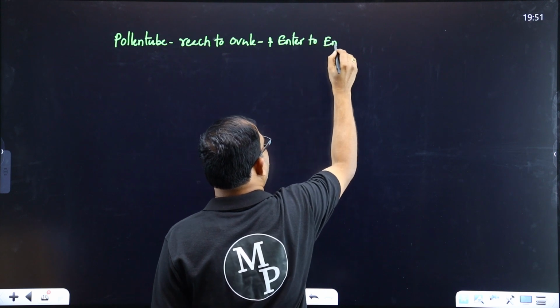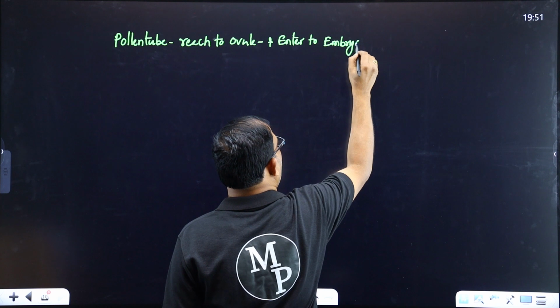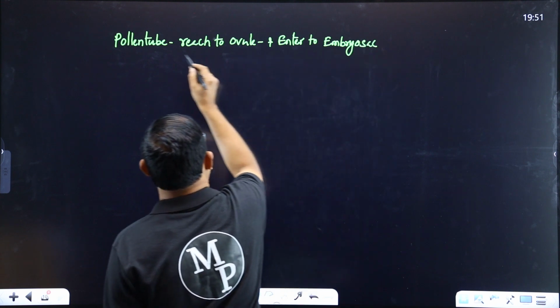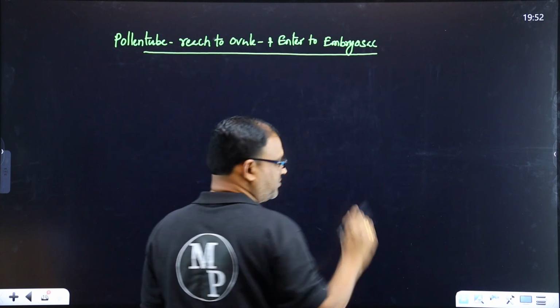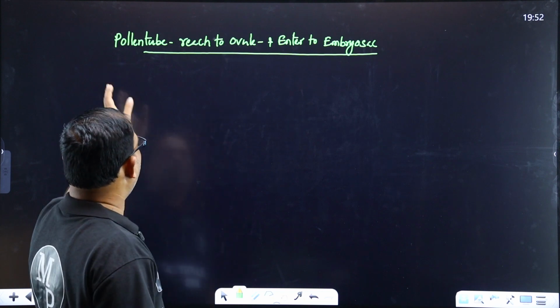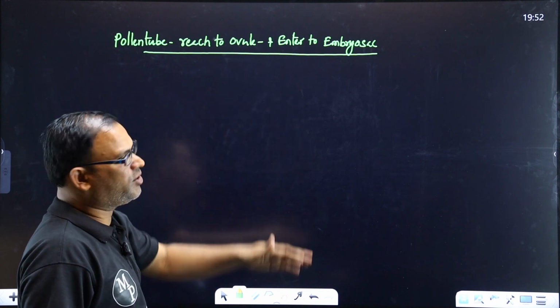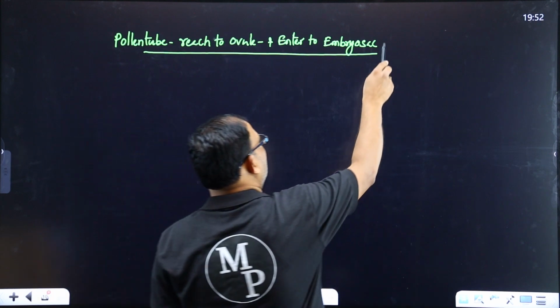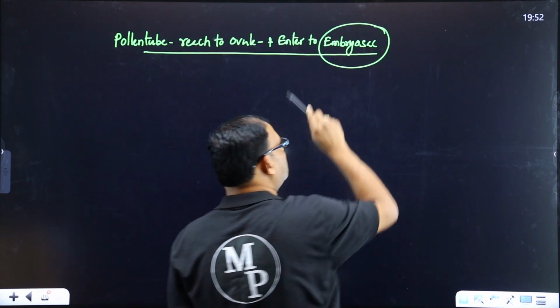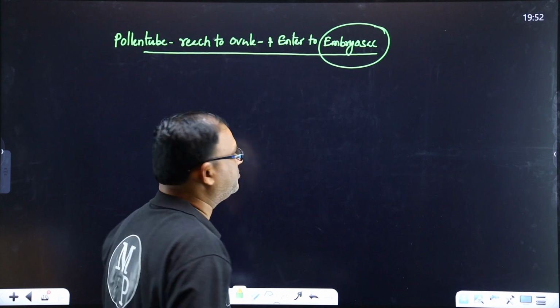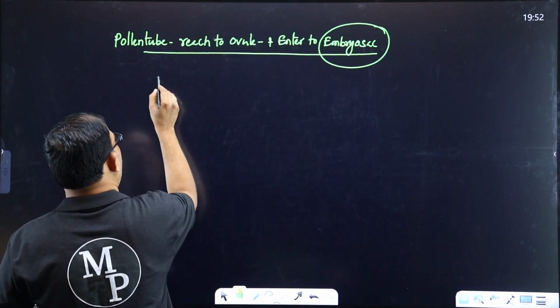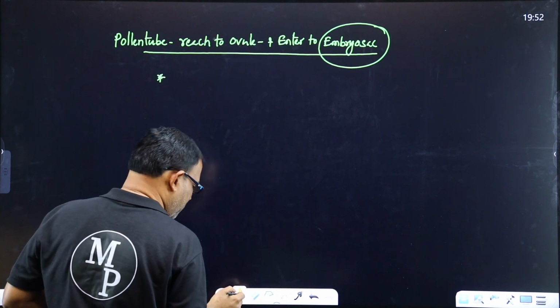How? When the pollen tube reaches the ovule, inside the ovule there is an embryo sac. But how does the pollen tube enter into the embryo sac? By a very, very important method.